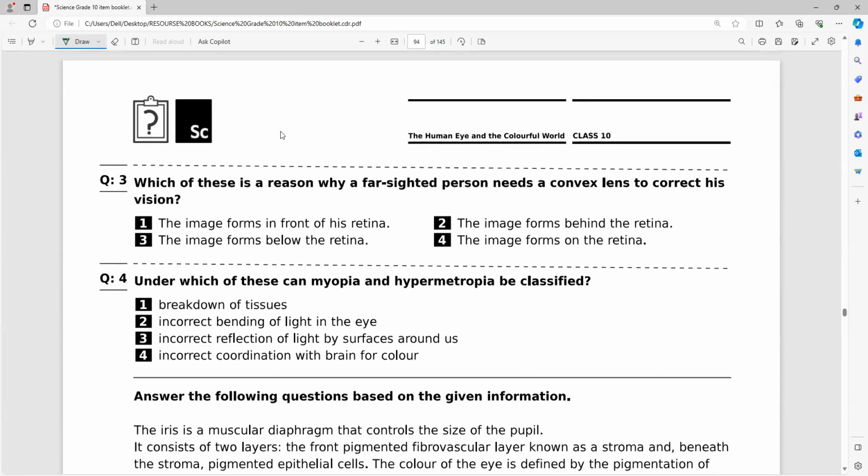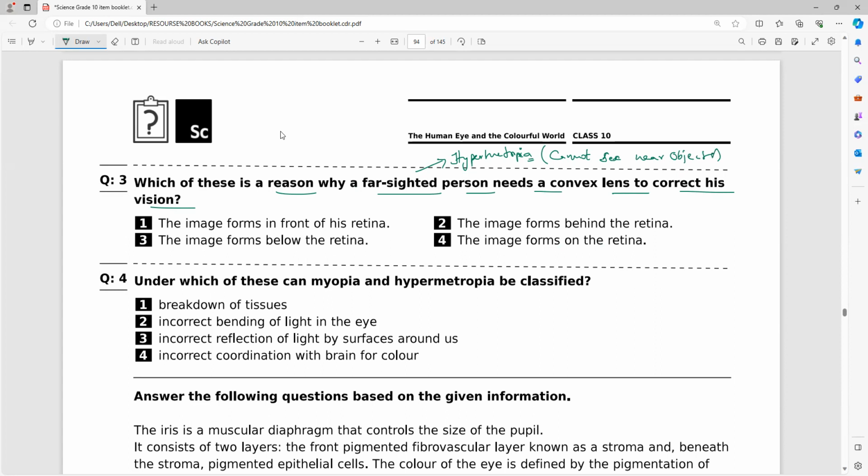Next, which of these is a reason why a far-sighted person needs a convex lens to correct his vision? Far-sightedness means myopia or hypermetropia? Hypermetropia. Am I right or wrong? So hypermetropia means he cannot see what, near objects or far objects? Near objects.